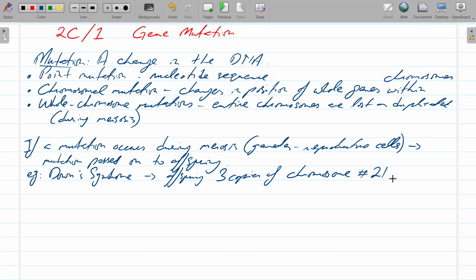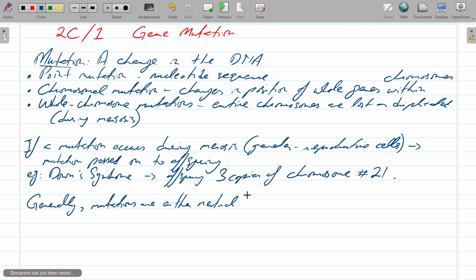So in general, mutations are either neutral, which is mostly the case in point mutations, so it depends on the type of mutation, or detrimental.